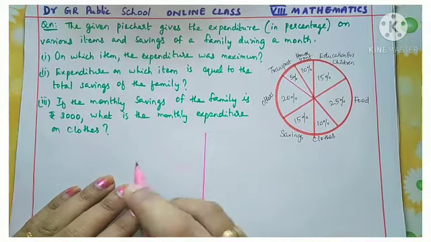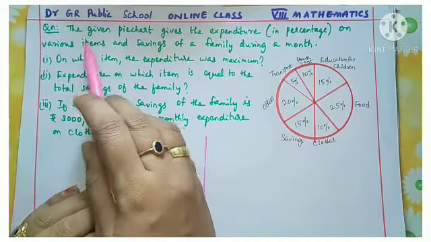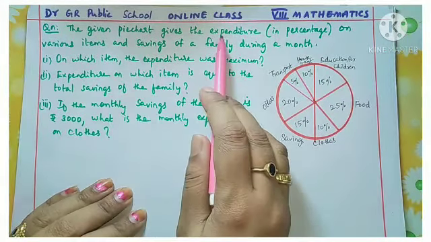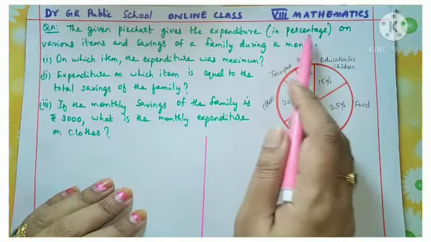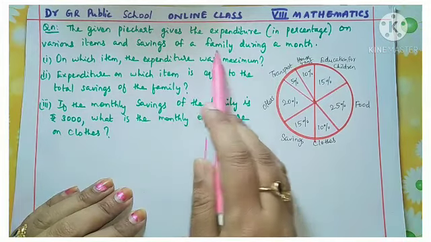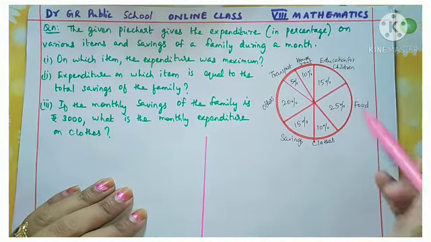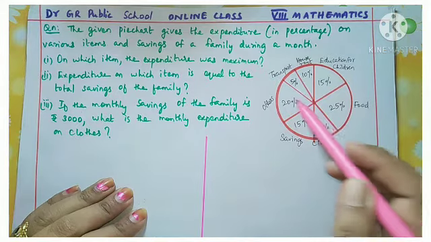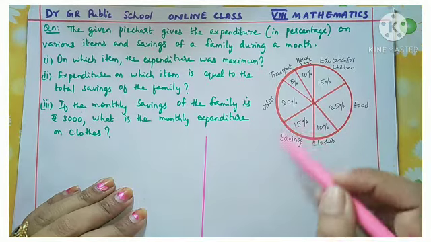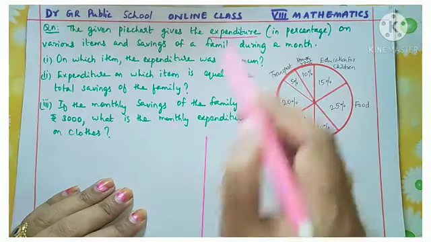This is your first question here. Read the question. The given pie chart gives the expenditure in percentage on various items and savings of a family during a month. Okay, so the pie chart is given in the question. So this is a pie chart that gives you the information of the expenditure of a family.